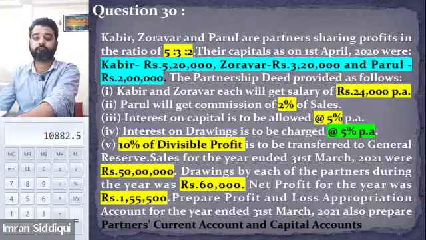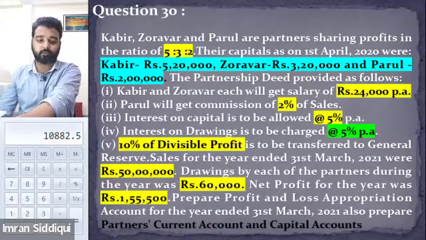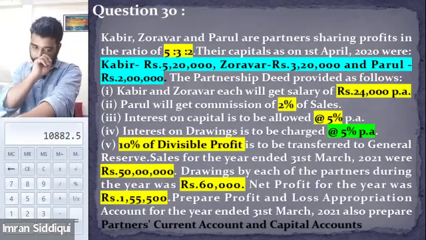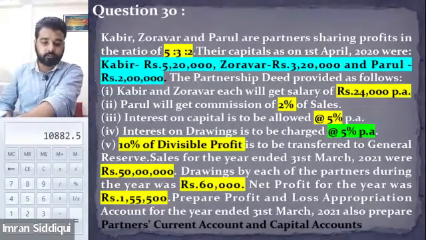Sir, when I'm trying to get the divisible profit, I'm getting a negative value. You're getting a negative value? How can it be possible? It's not possible.